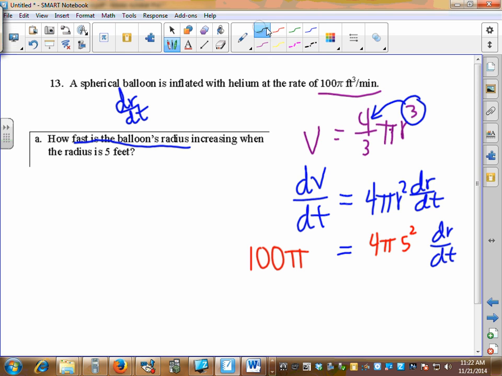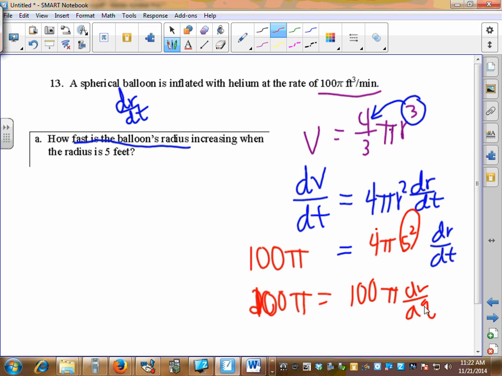Okay, and so finish solving that. Tell me how to solve that, Holly. You leave the 100 pi alone, and then you square 5, it's 25, times 4 is 100 pi dr/dt.